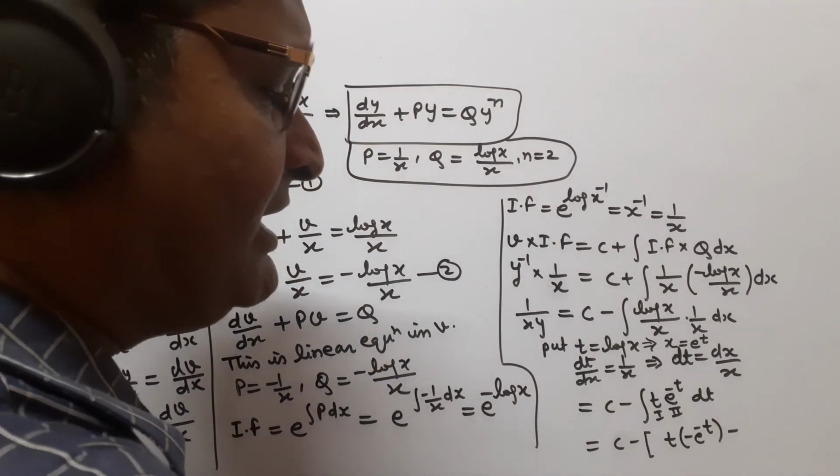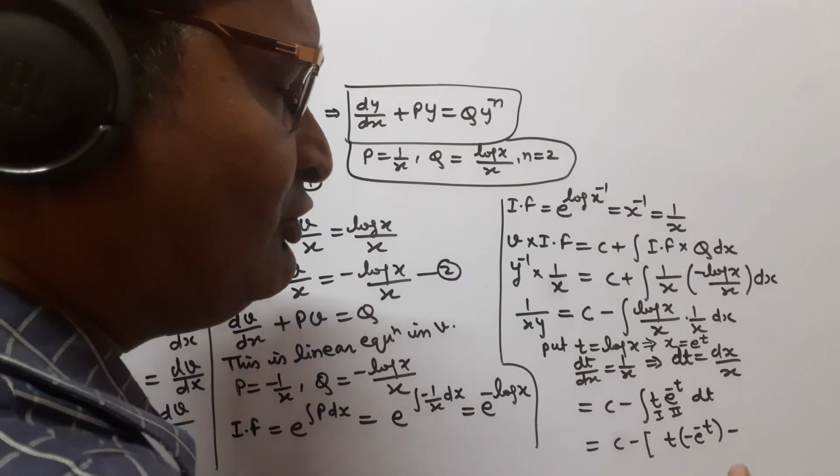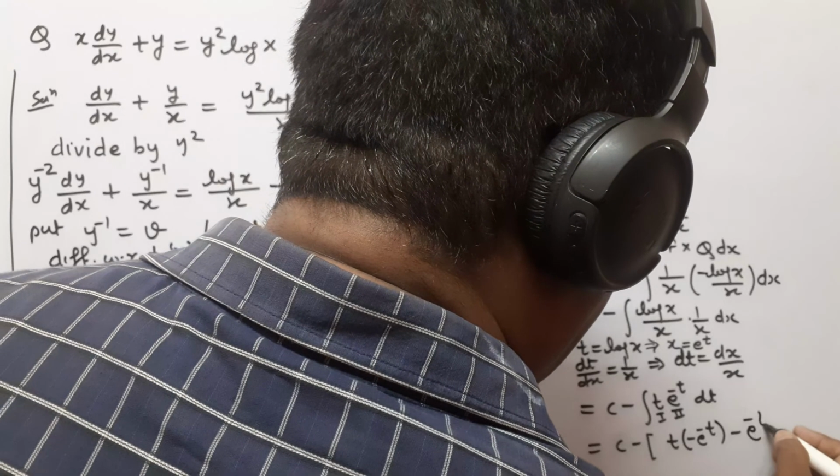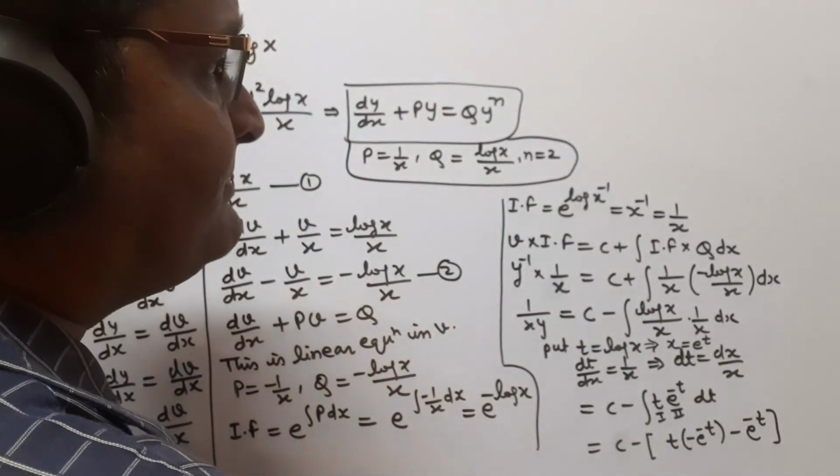Again we integrate minus e to the power minus t, we get e to the power minus t. So here we write e to the power minus t.